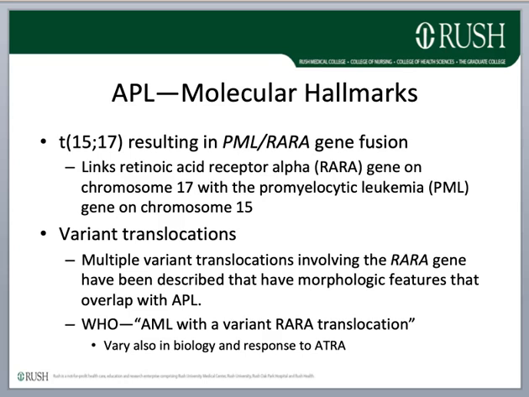For your purposes, you need to know that APL is associated with t(15;17), which results in the PML-RARA gene fusion, and just tip your hat to acknowledge that there are some variant translocations, but the details are really too much for first-year or preclinical medical students at this point.